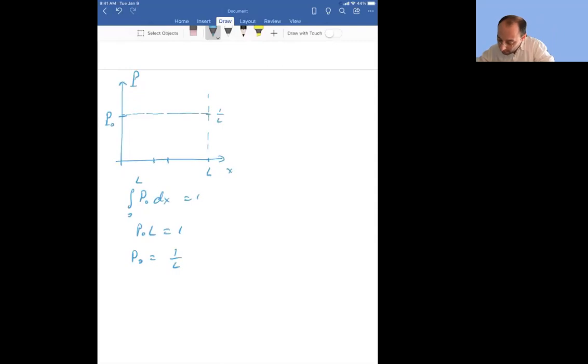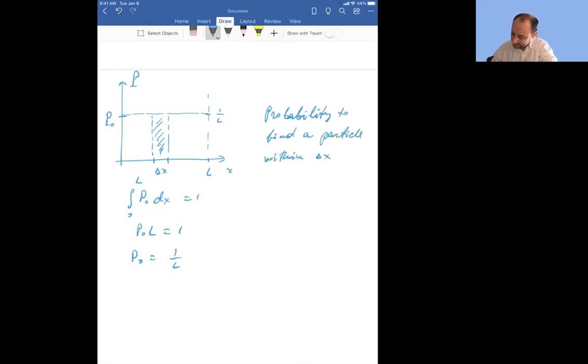If you perform a position measurement, what's the probability? Remember, this is a probability density. Probability of finding a particle within a region of space with width delta x. So this is the probability to find the particle within delta x, some x naught. So let's say this is x naught, and I have a bin around x naught.